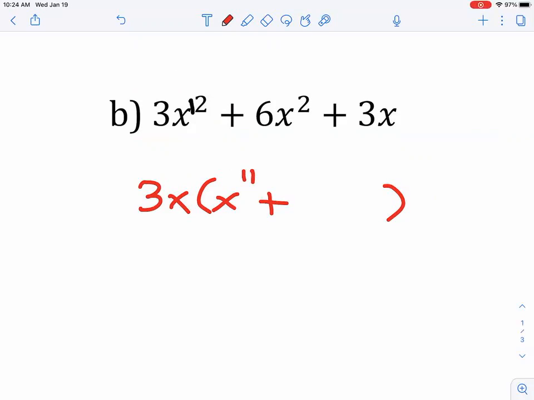For the middle term, I'm taking 3 out of 6, so I'm going to be left with a 2, because 3 times 2 is 6. And I'm going to need an x, because x times x would be x squared. So 3x times 2x would be 6x squared.